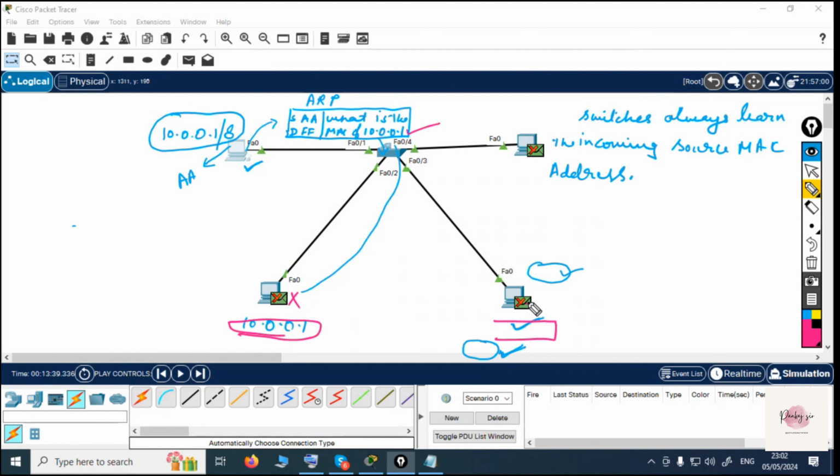This PC also ignored it, and this PC also ignored it. So this PC is not getting any reply for 10.0.0.1. Now this PC can confidently keep this address. It will say, okay, let me keep this address because this address is unique in my network. No other device has this IP address.